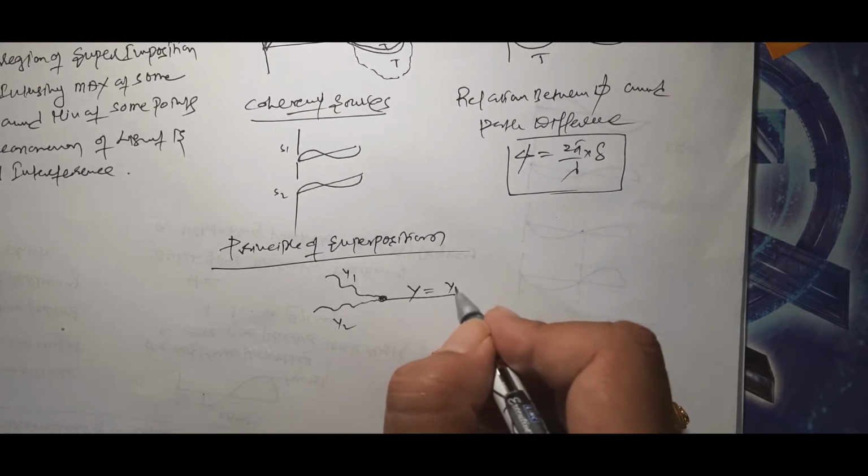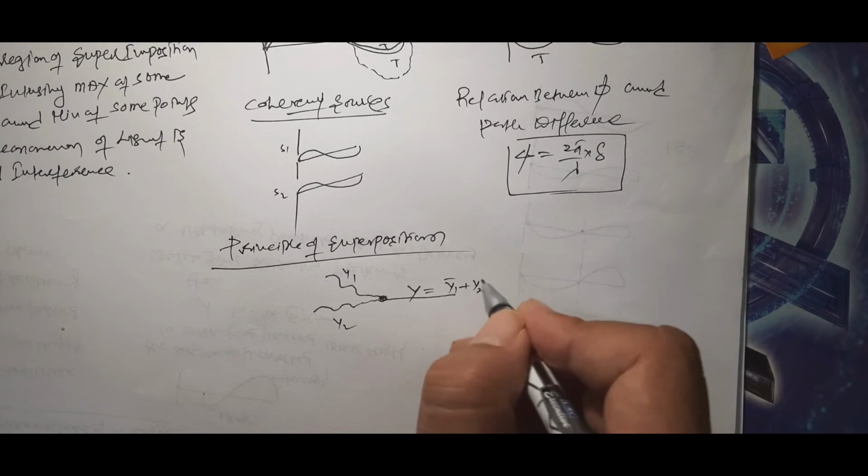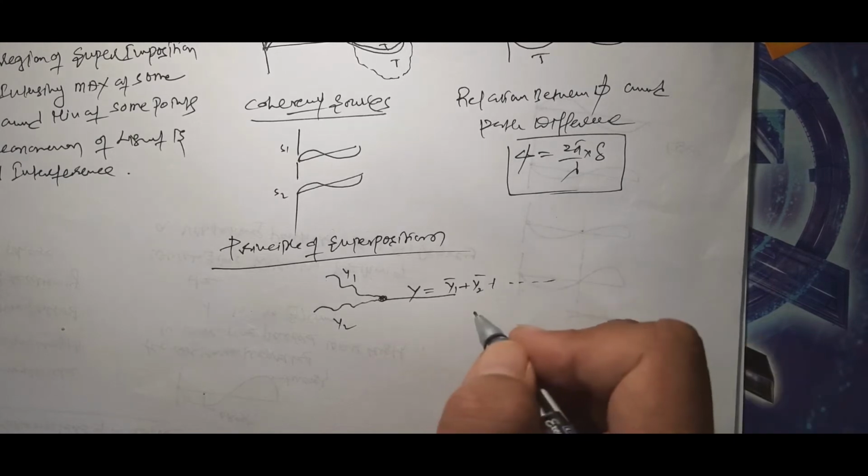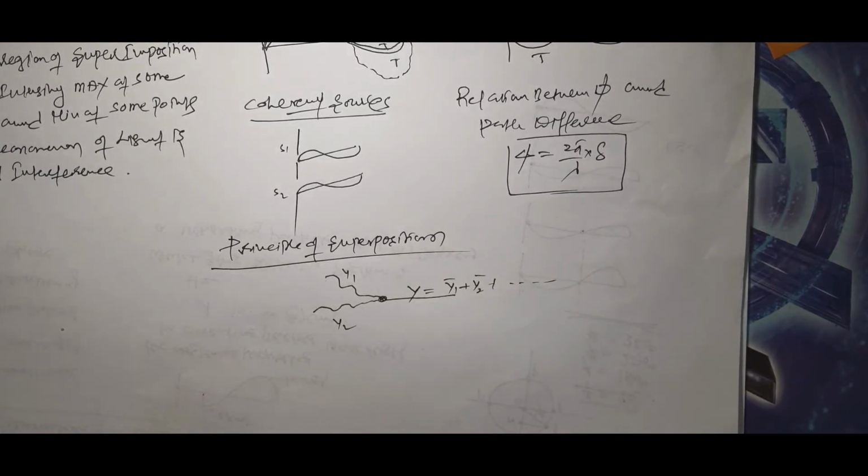So y is equal to y1 bar plus y2 bar, and so on. This is known as the principle of superposition.